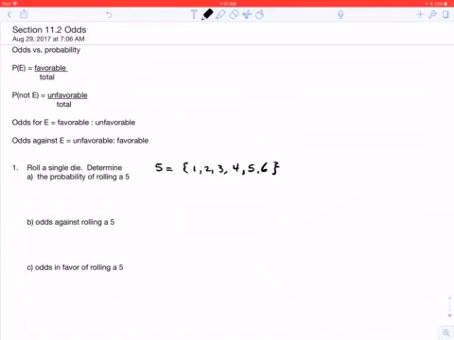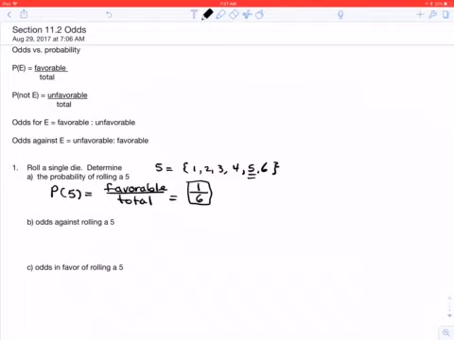Now, if we wanted to find the probability of rolling a 5, it's going to be a fraction consisting of the outcomes that are favorable to getting a 5 over the total number of outcomes. Well, there's only one outcome that's favorable to getting a 5 out of the 6 that are in the sample space.